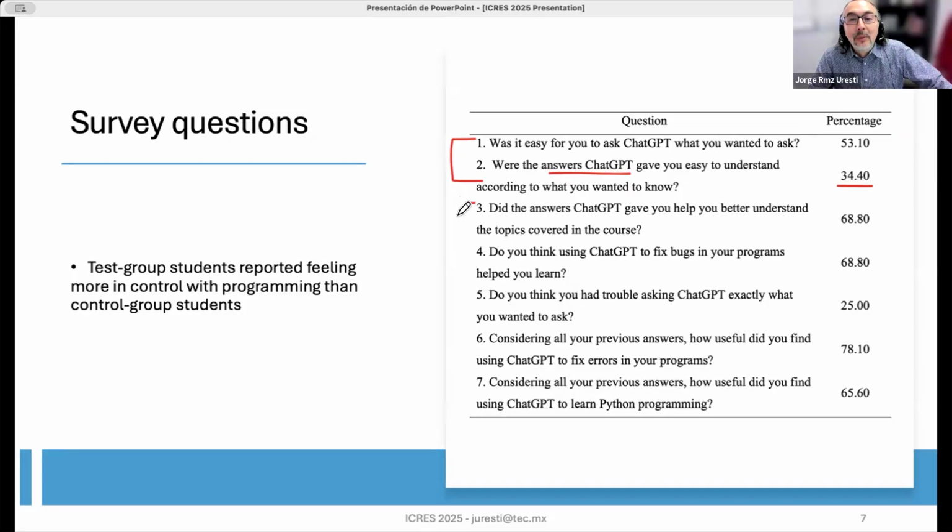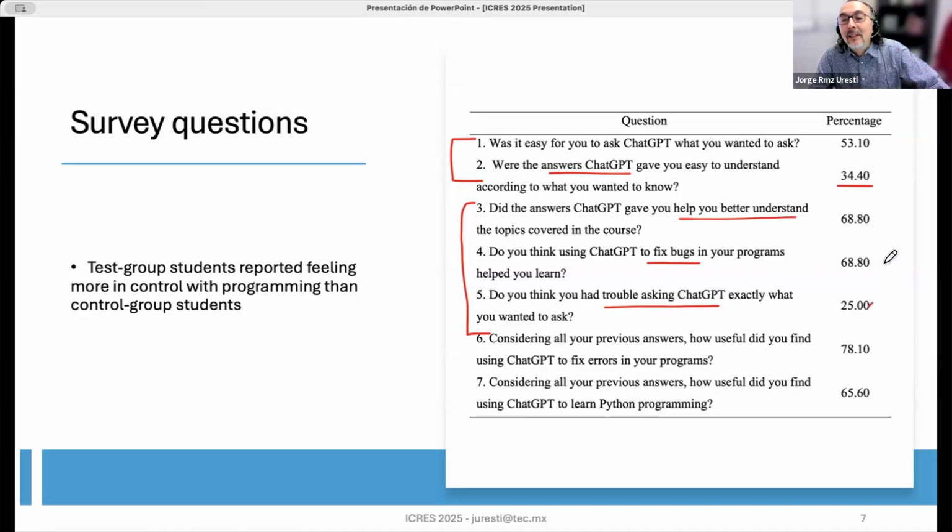These other 3 questions were about the help: if the help was very good for them in the topics, if it was easy for them to fix the bugs by using the advice from the tool, and also if they had trouble asking exactly what they wanted.